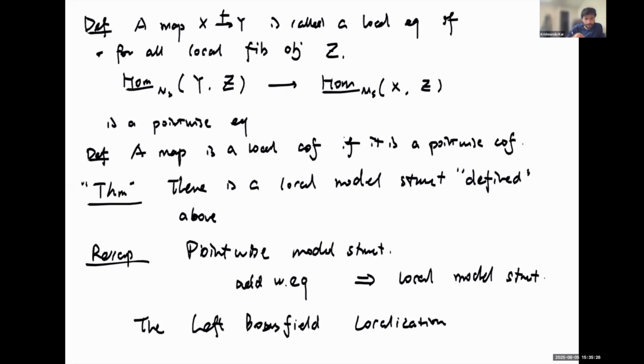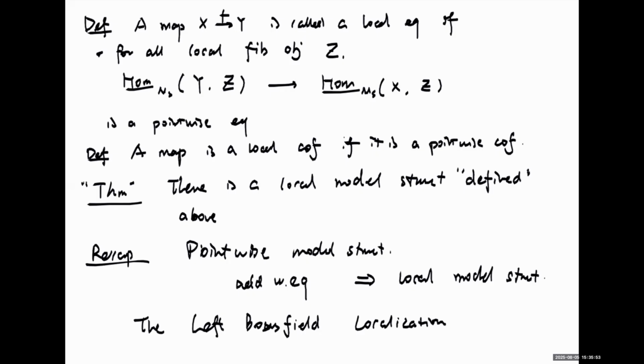Before you move to the right one, I just want to make sure. So you already had the pointwise model structure, but you want to upgrade. So for that, you are only changing locally fibrant objects? Let me make it a black box. So I do have a model structure which is pointwise.